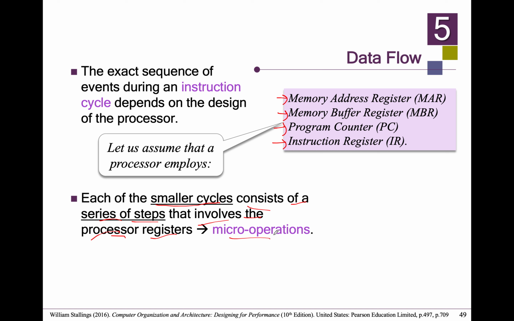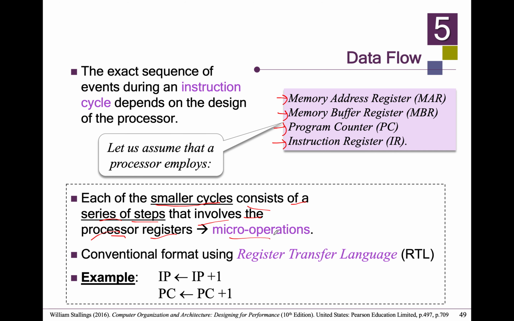So each smaller cycle consists of a series of steps in a conventional format using register transfer language, RTL. Example, IP and then IP plus 1. You can see over here. And then you have PC, PC plus 1.